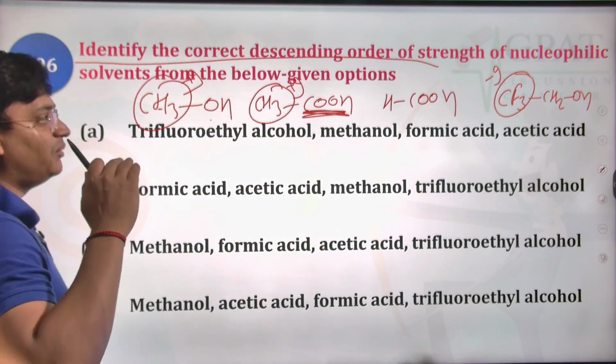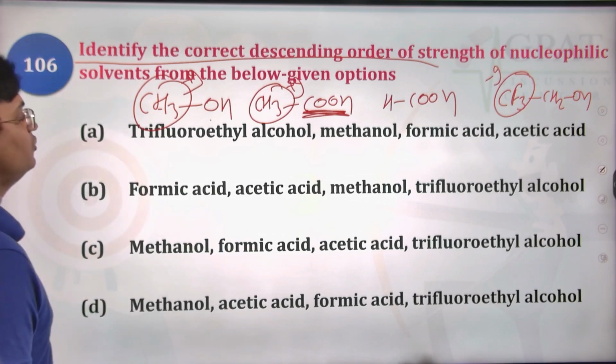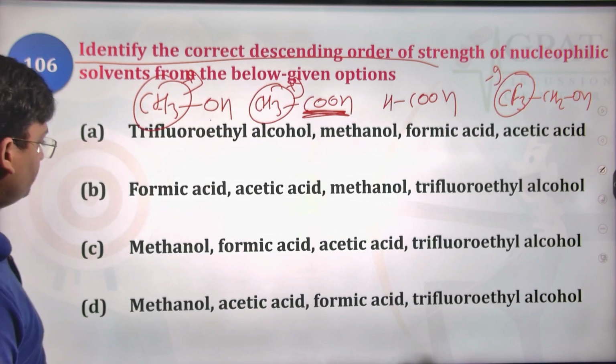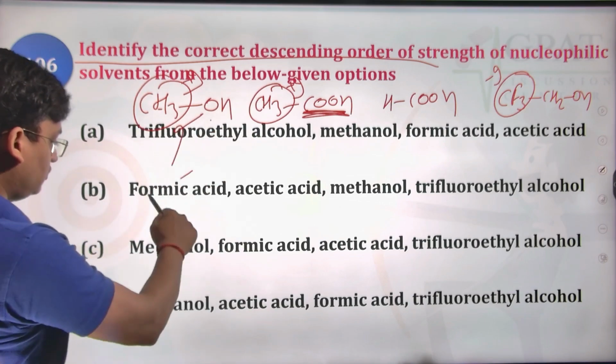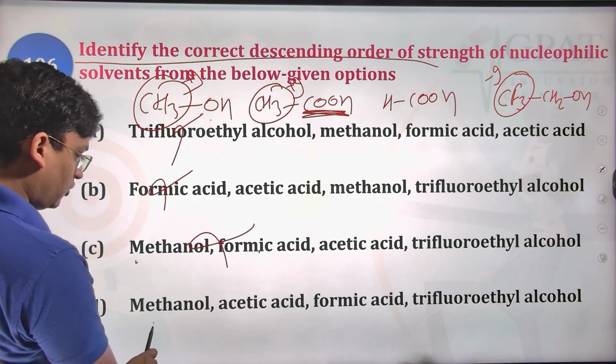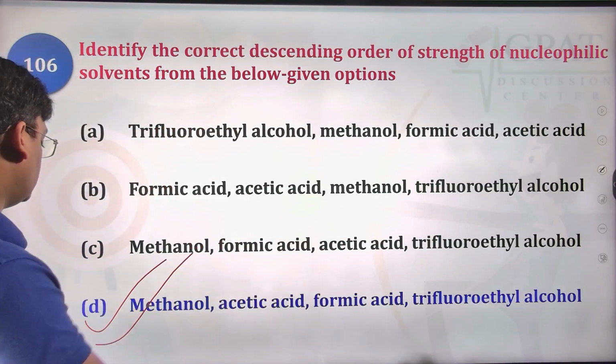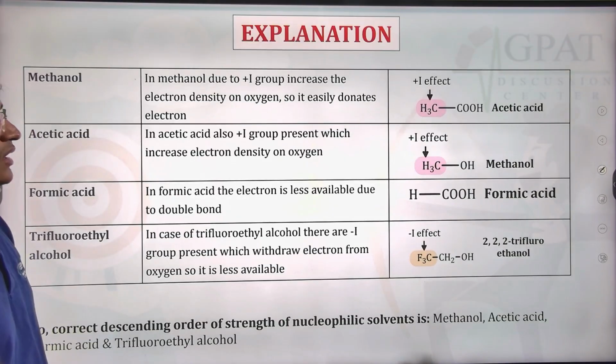So the best nucleophile is going to be our methanol. Then acetic acid, followed by formic acid, and then trifluoroethyl alcohol. D is the right answer.